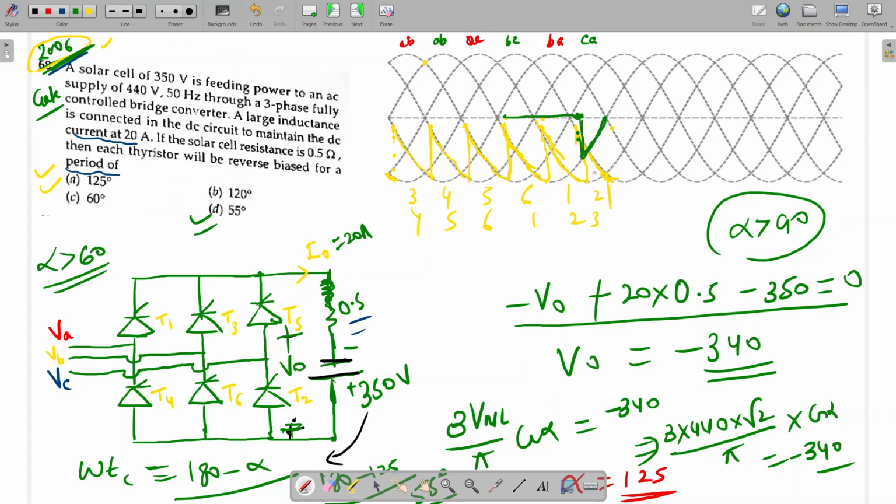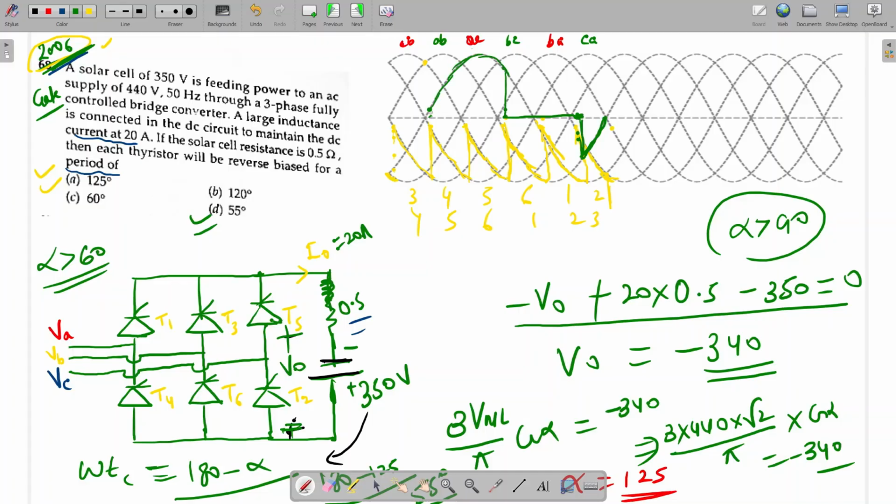So where 2, 3 is conducting, that time the voltage will be VAB. See here 5, 6 is conducting, 5 is conducting. What will be the voltage? VAC. So which one is VAC? This one. It will follow VAC up to this point.